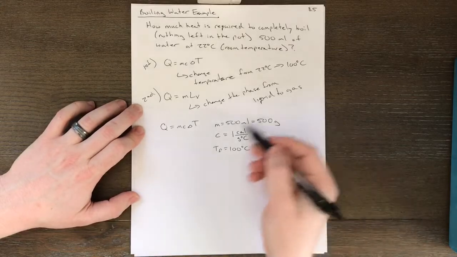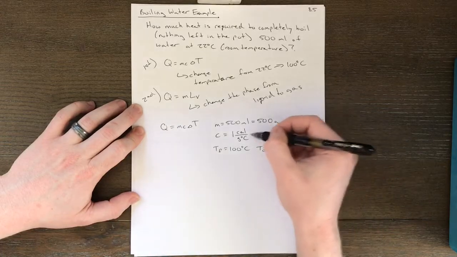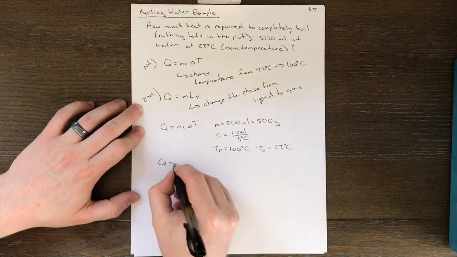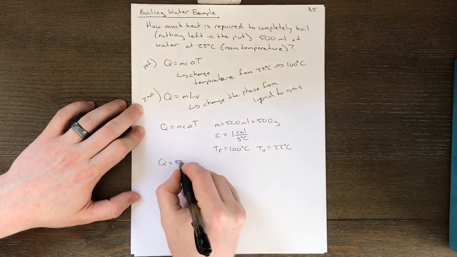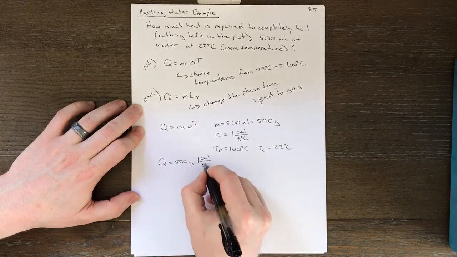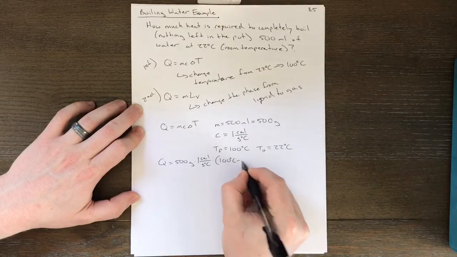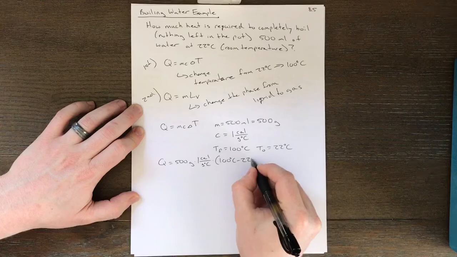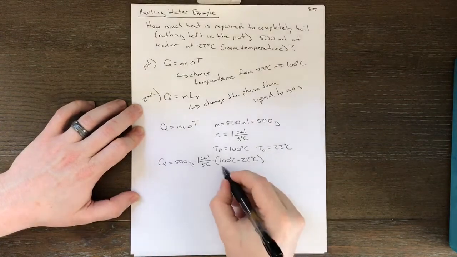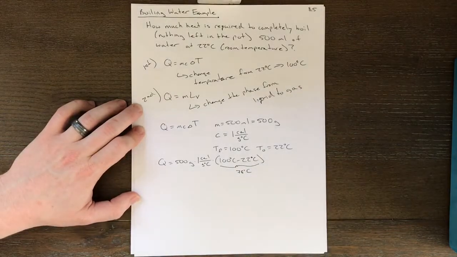All right, well, that should be all the information we need. Q is computed by mc delta T. We know M, we know C, and we now have the pieces to compute delta T. So Q equals M, 500 grams, times C, 1 calorie per gram degree Celsius, times delta T, which is T final, 100 degrees Celsius, minus T initial, 22 degrees Celsius. Well, altogether, that little piece is really 78 degrees Celsius.